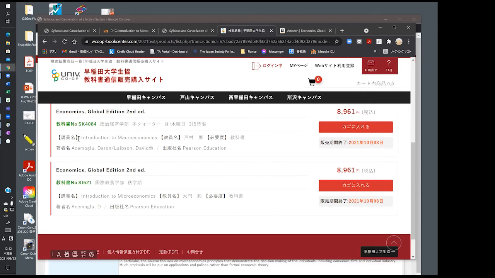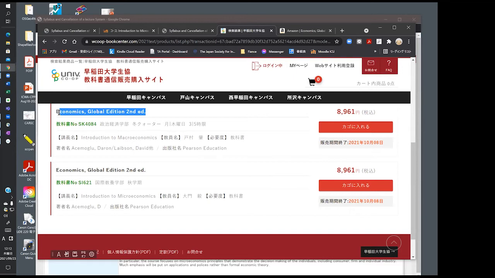They are teaching introduction to macro, and we are doing introduction to micro, but we are actually using the same textbook, Economics Global Edition, because this textbook is comprehensive in terms of micro and macro.